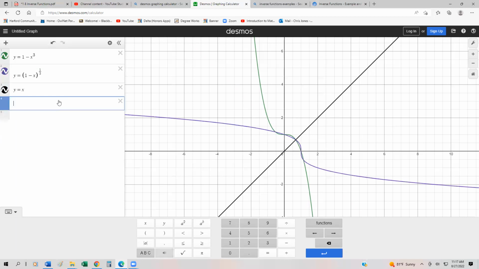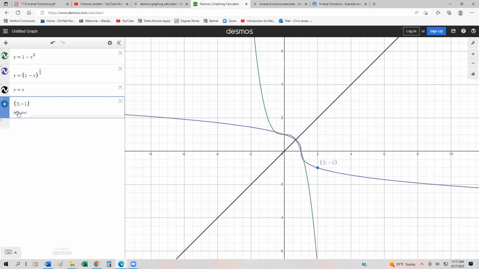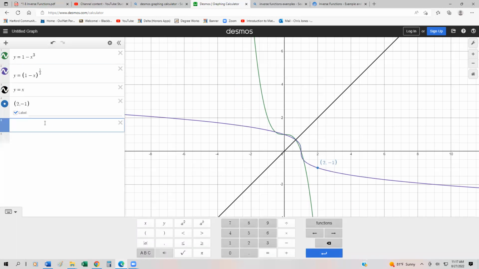I think everybody can see that a point that would exist on here would be 2, -1. So I had 2 comma -1, and I'm going to go ahead and label that. What that means is that the point -1 comma 2 should exist somewhere on the inverse, which it does.